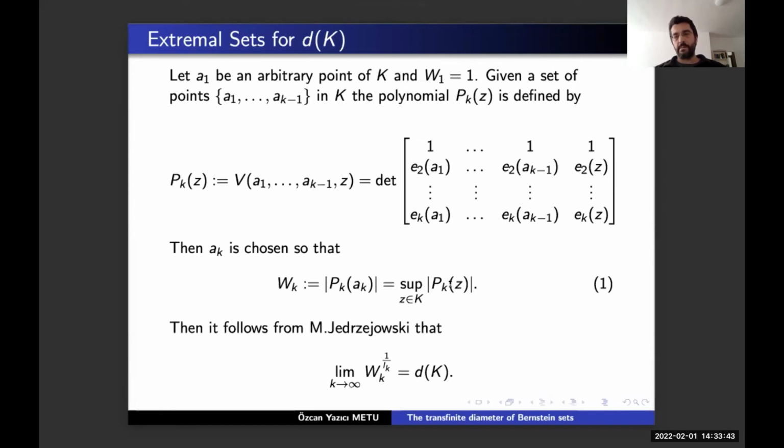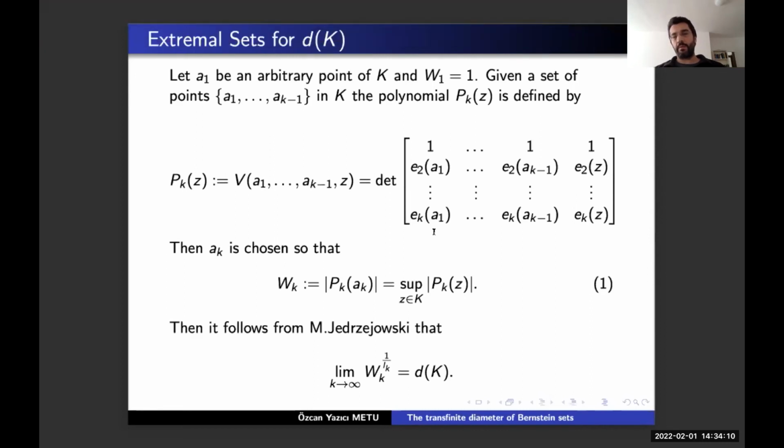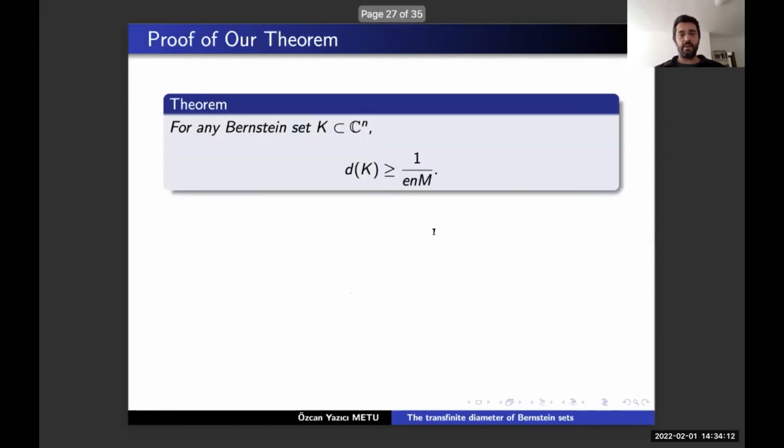Then we construct the sequence of extremal points, and here Jędrzejowski showed that using these extremal points, one can compute the transfinite diameter, d. So this is how we construct the extremal points for the transfinite diameter.